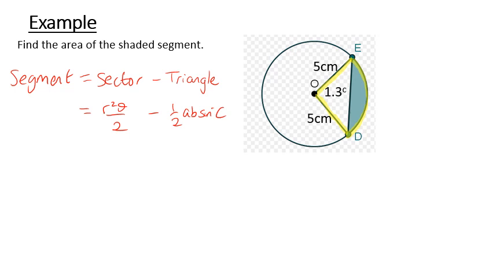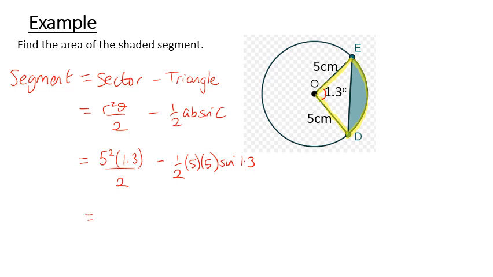So I can use the 5 and the 5 as the two sides, and then the angle between them is the 1.3 radians. So if I put in all my information then, r is 5, so that's 5 squared. The angle is 1.3 over 2. And then for the triangle, A and B are the sides 5 and 5, and then C has to be the angle between them, which is 1.3.